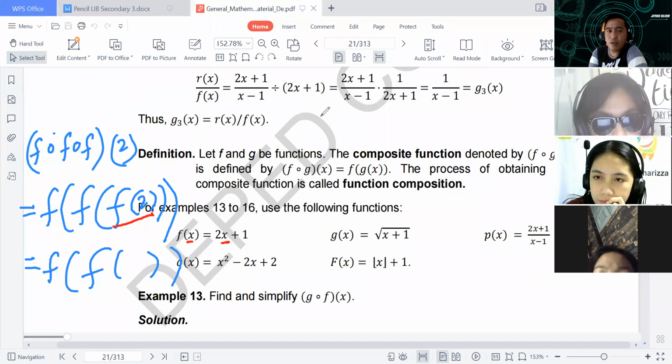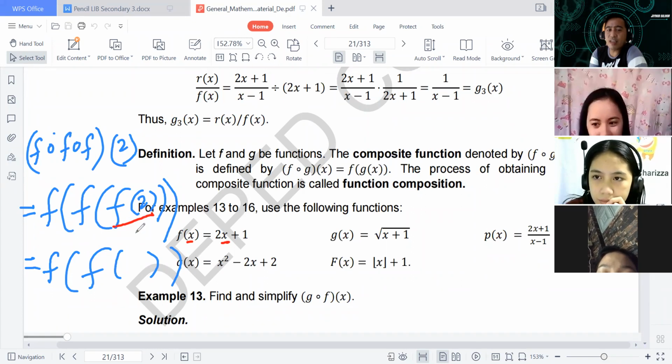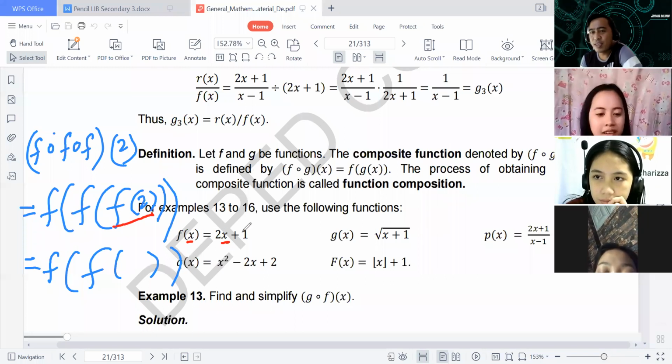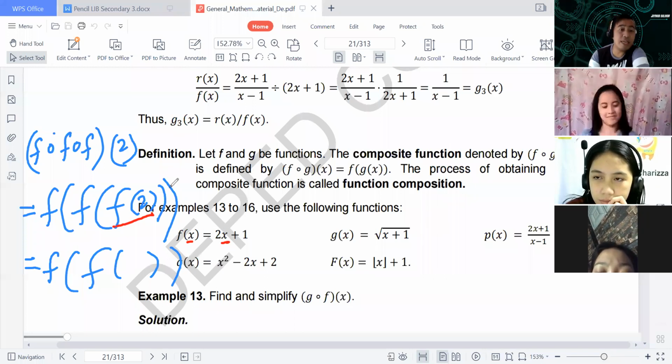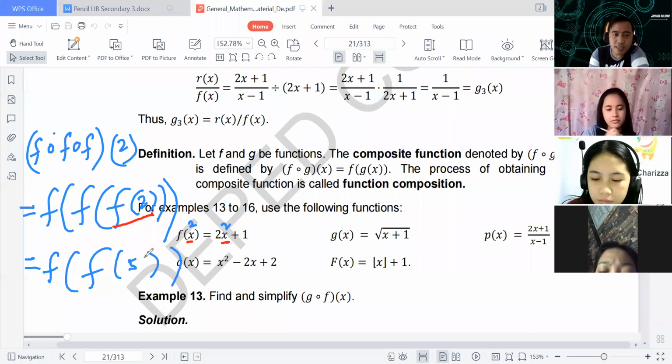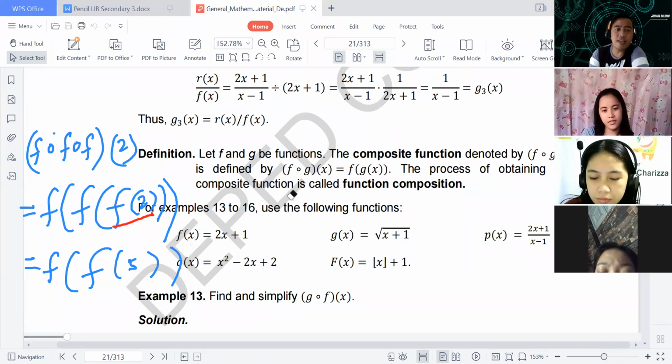Feel free to unmute your microphone. 5, sir. Yes, very good. That is 5. Who answered 5? Cañete, sir. Very good, Cañete. It is 5. Why 5? Because if you replace it by 2, this is 2. It will be 4 plus 1. That will be 5. Clear? So that is 5. Next.